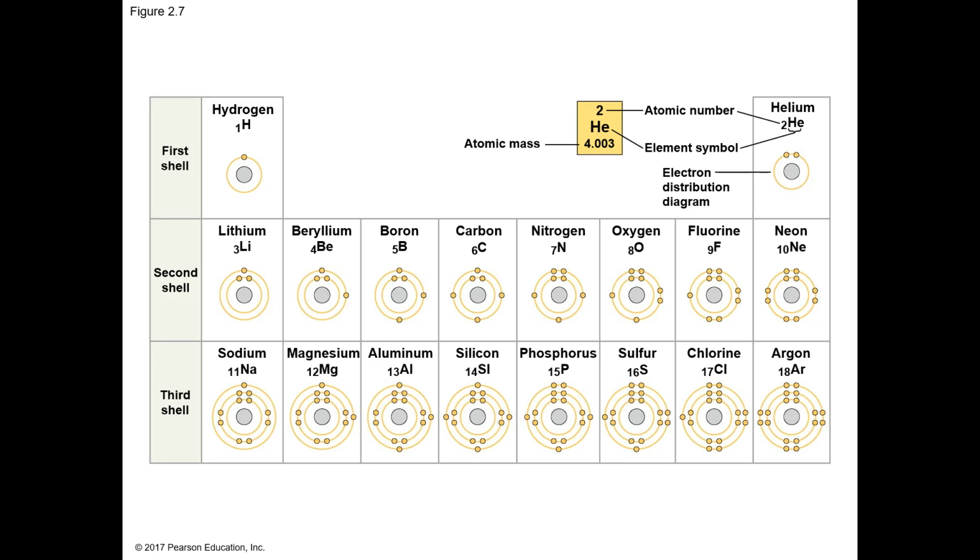For instance, if you look down the first column, hydrogen, lithium, and sodium all have 1 electron in the outermost ring, and beryllium and magnesium have 2 in their outermost ring or valence shell. And boron has 3, etc. Carbon 4, nitrogen 5, oxygen 6, fluorine 7, and neon and argon 8. And helium only has 2 in its outermost ring, and that's the exception there for the first orbital.